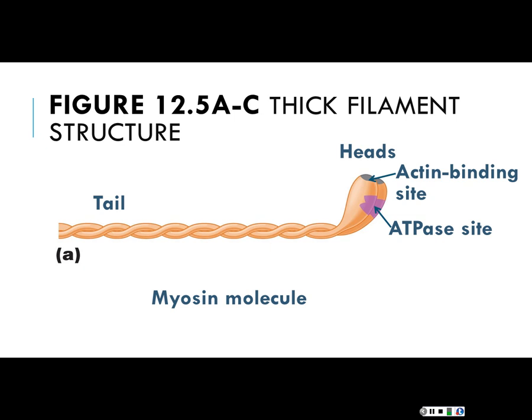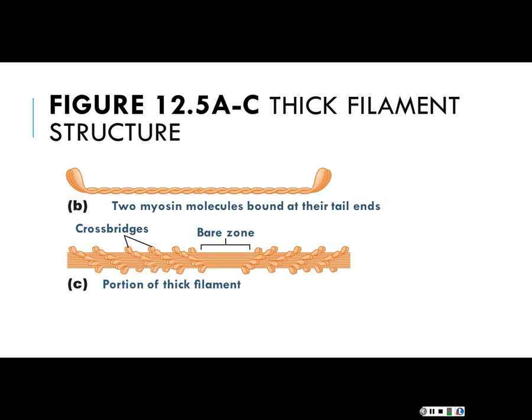However, the actual thick filament is lots of those bound together. So they would make a big, large superstructure. But to understand the superstructure, we're just kind of picking the tiniest part apart. But you're right, a myosin molecule is a dimer, meaning two of the same type of proteins working together.